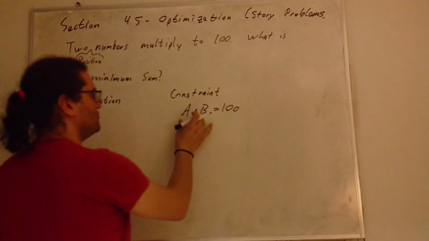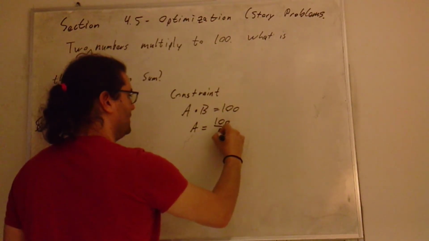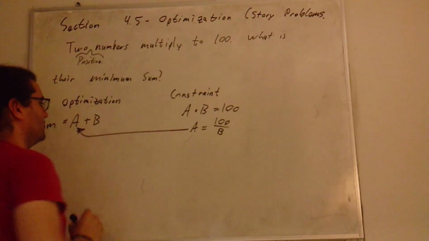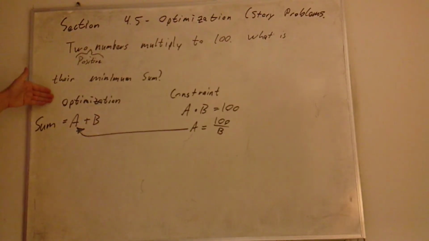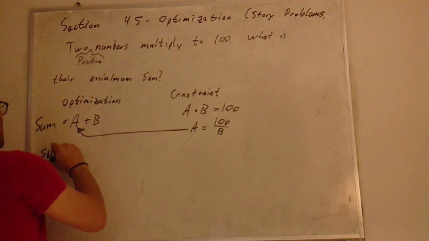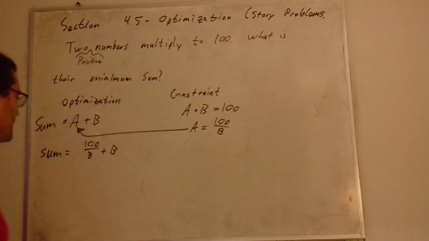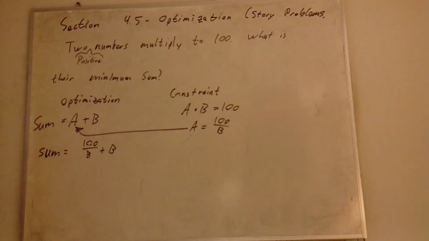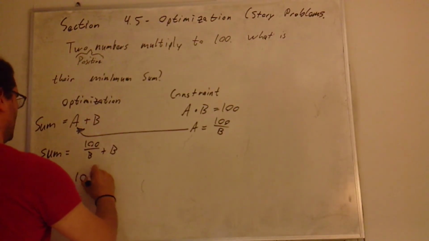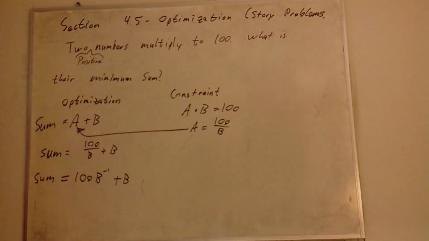So I need to manipulate this constraint. I'll say that a equals 100 over b. I will substitute this in here so that I can create an optimization function that uses only one variable. So now I have the sum is 100 over b plus b, or perhaps it would be better to write this as 100b to the negative 1 plus b.